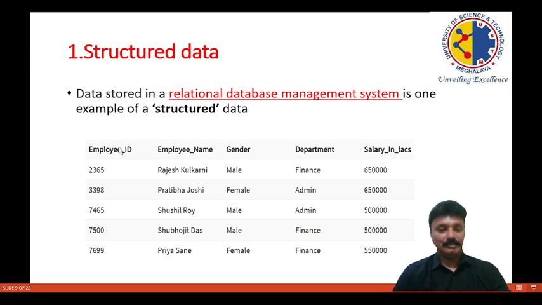For example, department finance, and salary 6,50,000. Like that, 5 employees are determined row-wise as a structure, and column-wise we can see the employee names, gender, various departments, and salary in lakhs.